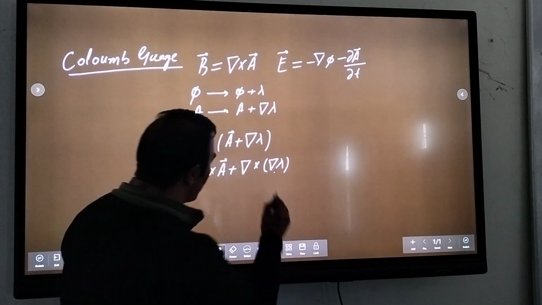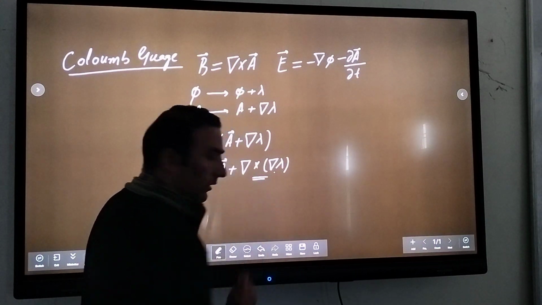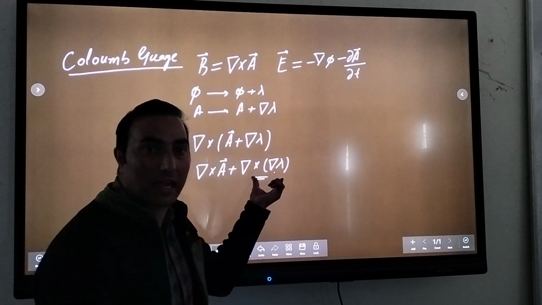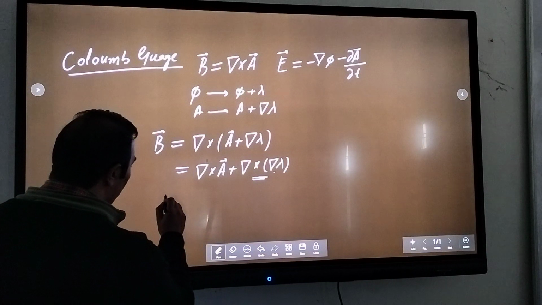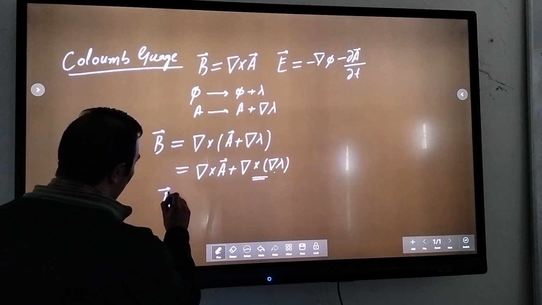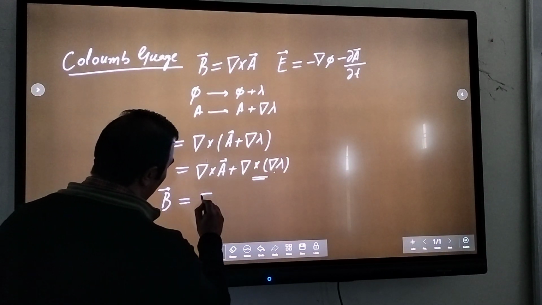Okay, so if you check this, from our basic knowledge the curl of the gradient will be 0. So that means I am getting here that B should be equal to curl of A.